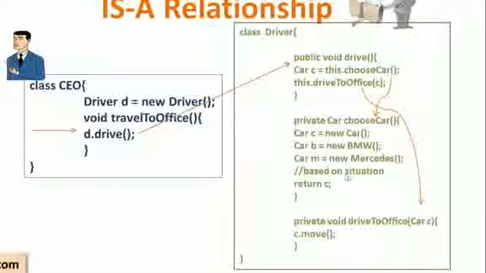Poly means many forms. That means the Car alone doesn't do the work. Even BMW or Mercedes can also do the work at runtime. That's what overriding is about. So let us see the real concept of overriding, and how it can be implemented.